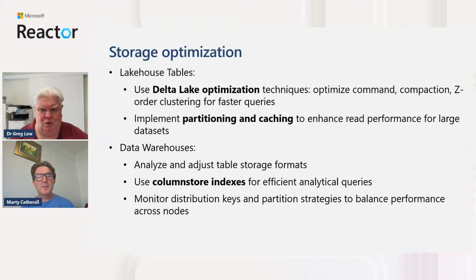But it's still important to have a concept of partitioning and caching and to implement those properly. You can reduce the amount of data that needs to be scanned for a query if you've done the partitioning appropriately. But you don't want to over partition this. So if you choose a strategy, you do that based on your query patterns. But if you over partition, of course, you can slow things down and you can also make things far more complicated.